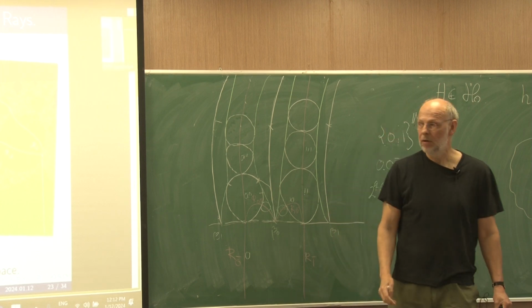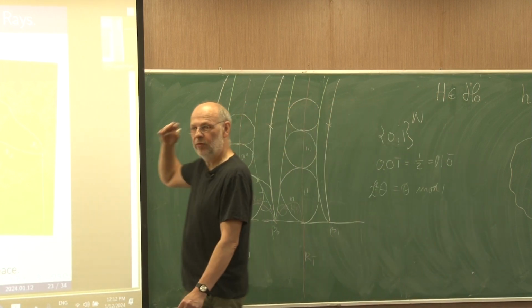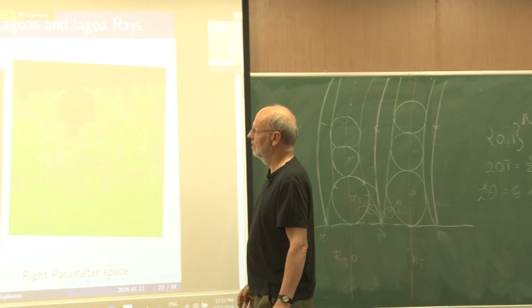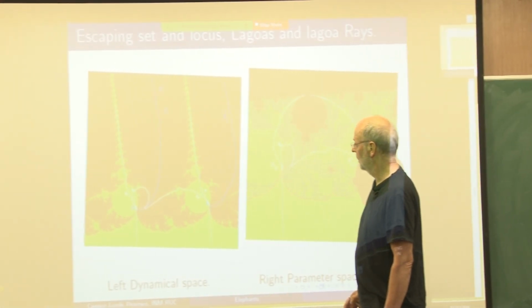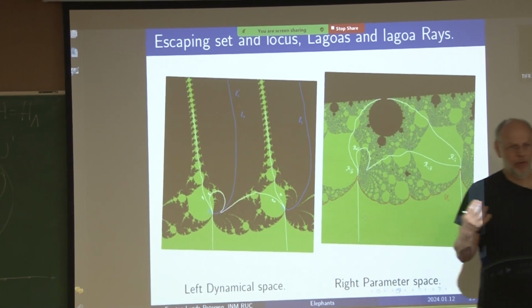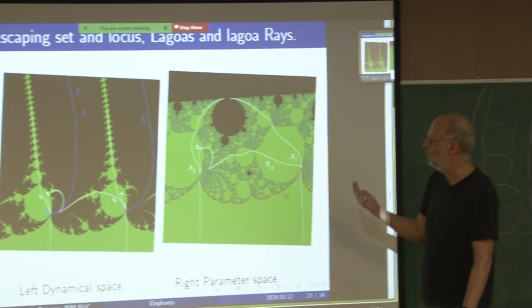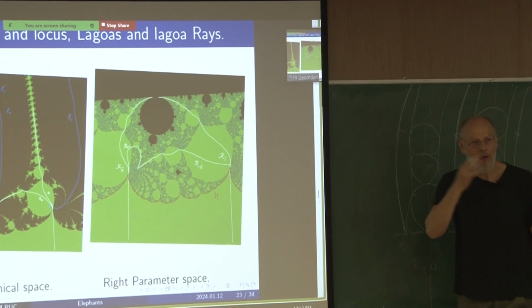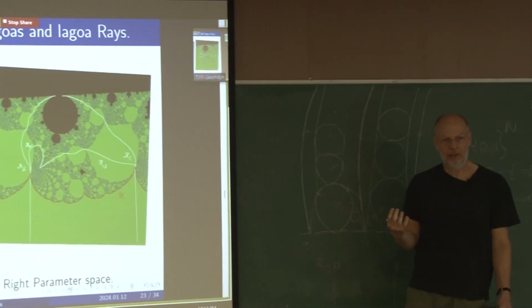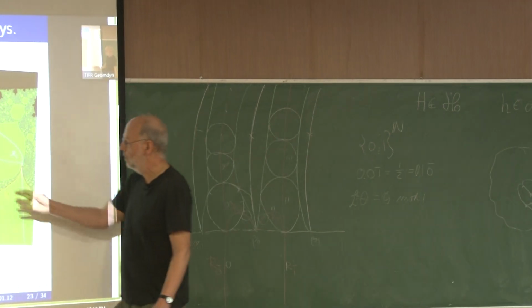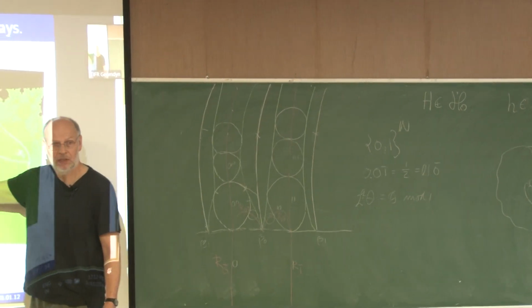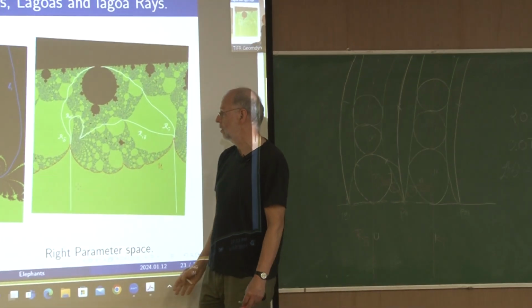Where is that in your parameters? The left picture? Before I answer that question, because you have this holomorphic motion, you can actually transfer your labeling of dynamical lagoas to parameter space. So you have also parameter lagoas corresponding to escaping parameters.